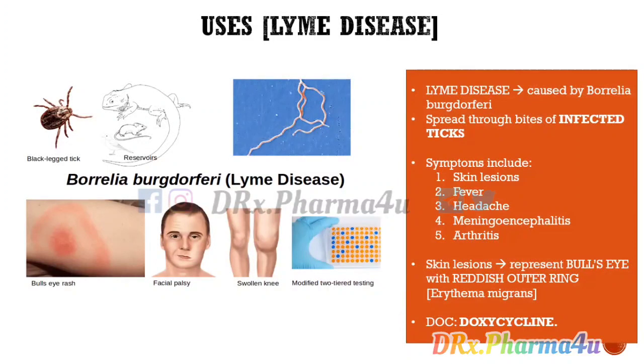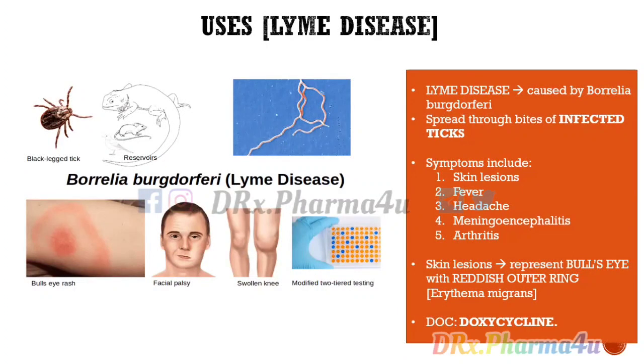So Lyme disease is caused by Borrelia burgdorferi, and this is actually spread through the bites of infected ticks. You can see very well there is an insect on the left hand side. It's a black-legged tick. If it bites you, this organism can enter your body. It can cause skin lesions, fever, headache, meningoencephalitis.